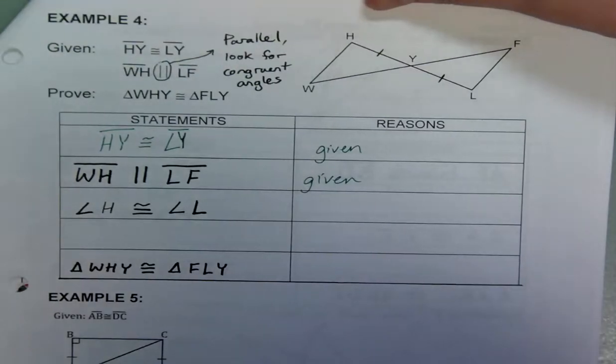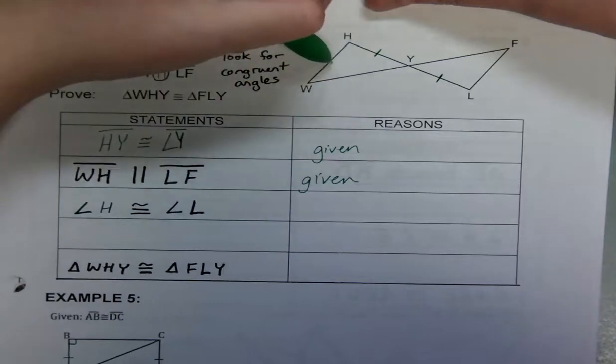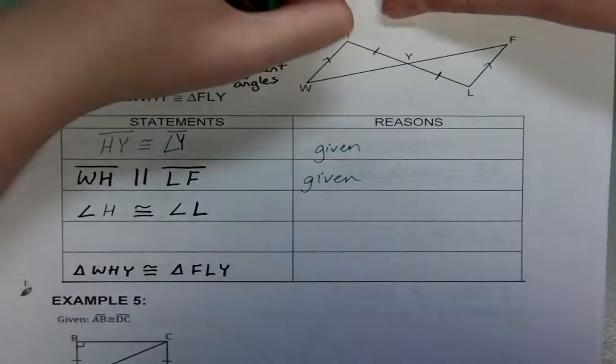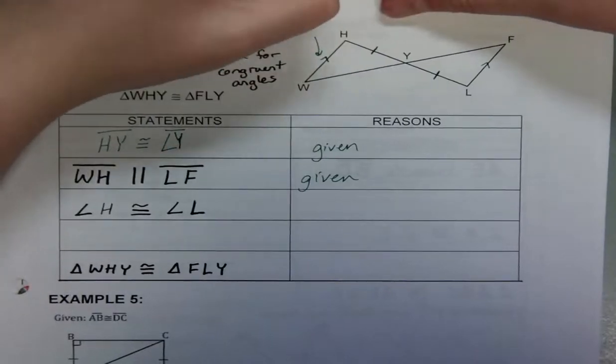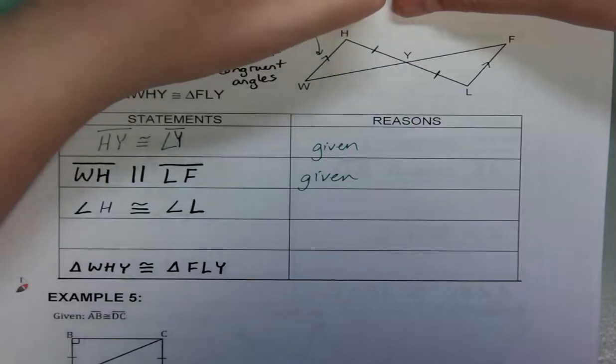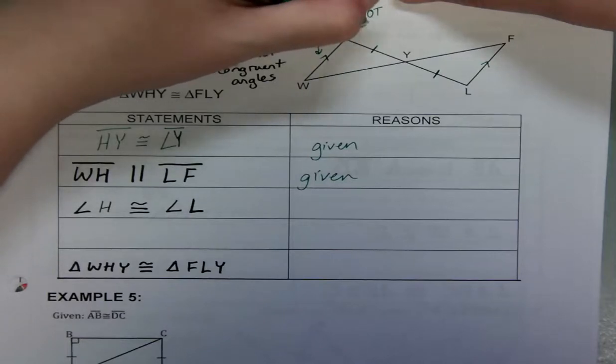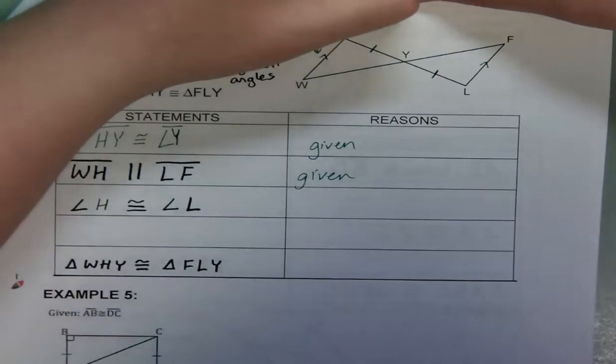And then we can also write these parallel symbols in, like WH and FL. The arrows do not mean the sides are equal.